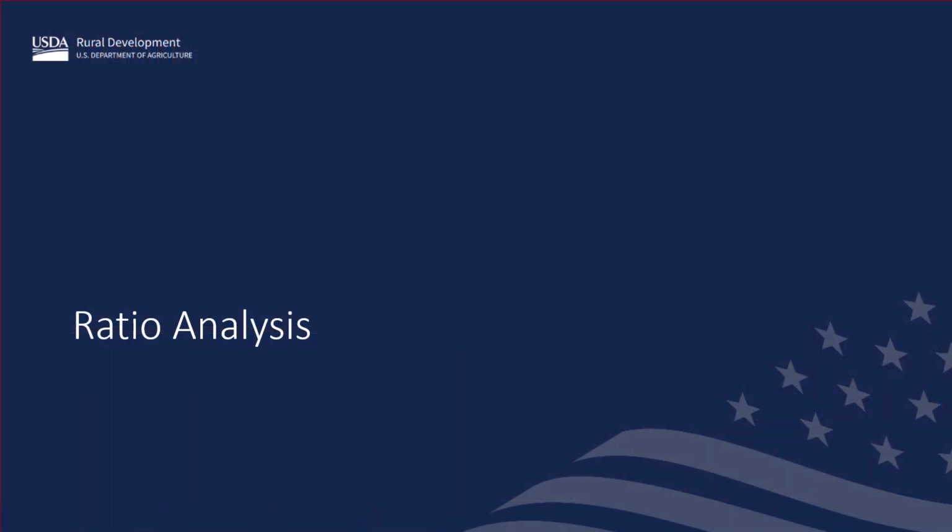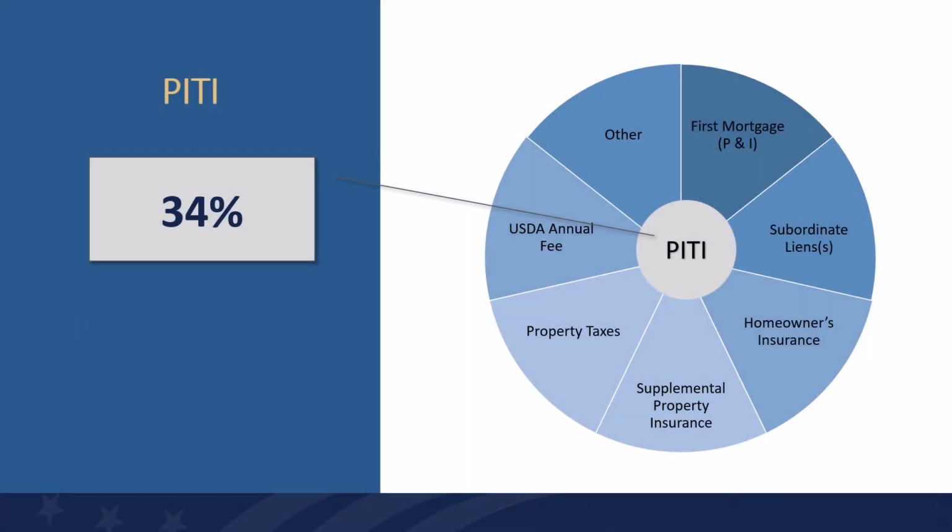The next key eligibility topic we're going to highlight is ratio analysis. As announced through a GovDelivery message in August of 2024, applicants are now considered to have repayment ability if their proposed monthly housing expense does not exceed 34% of their repayment income.